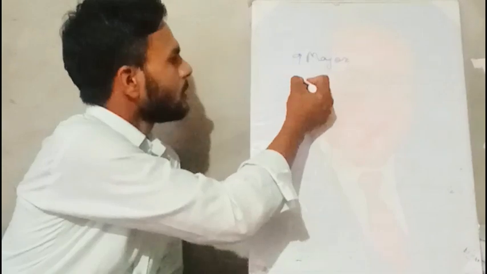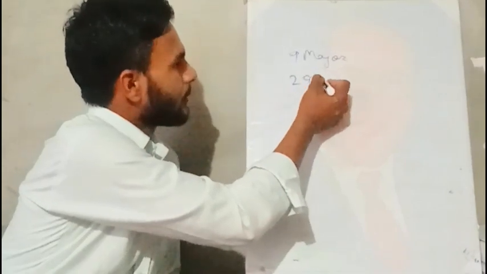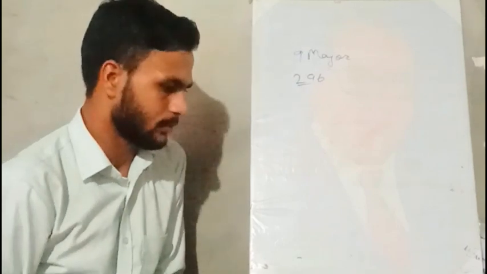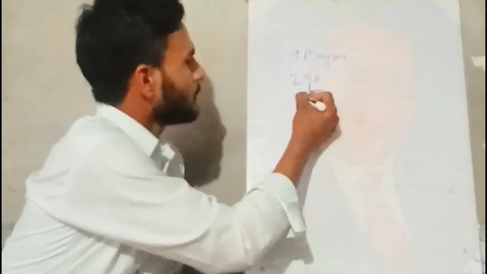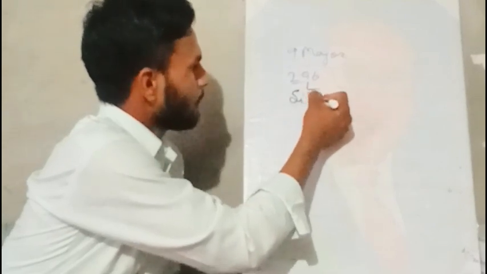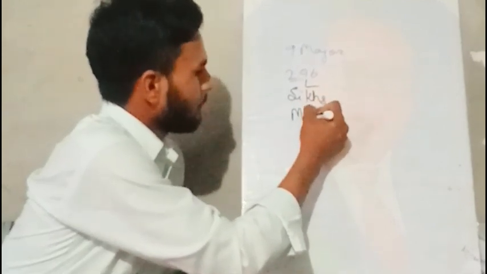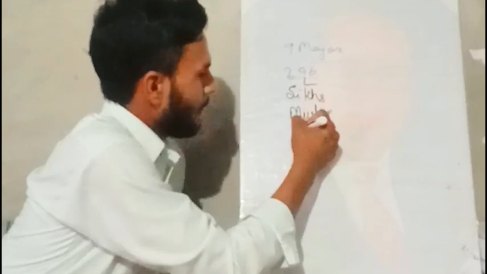The 296 seats have to be divided into three parts: Sikh, Muslim, and general.